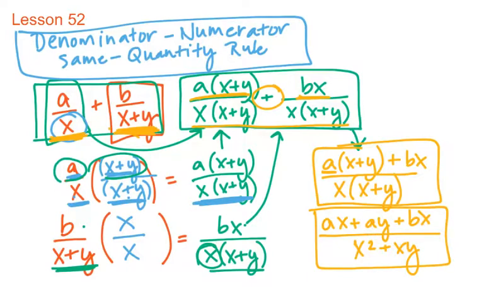So because we had an x and an x plus y, we multiplied them together to get x times x plus y. And then as you solve, you figure out what the new fractions are that you've transformed by figuring out what you needed to multiply each denominator by to get that new common denominator.